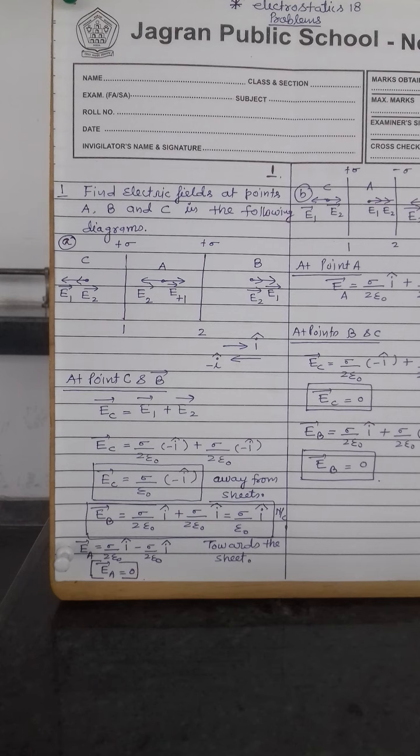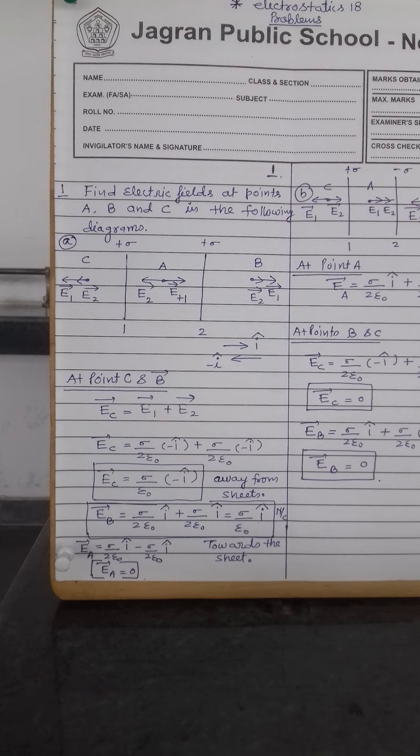Electric field due to the second plate at point C is E2, which is again sigma upon 2 epsilon naught. This is also in the direction of minus I cap. E2 is also away from the metallic charged plate 2.